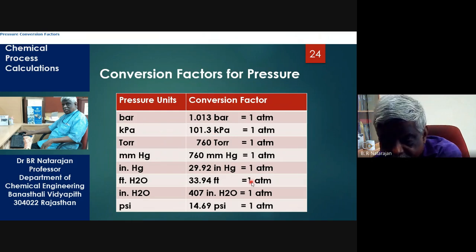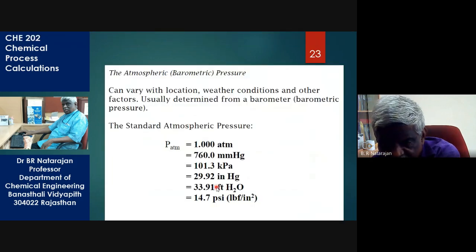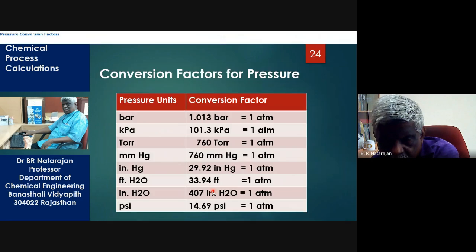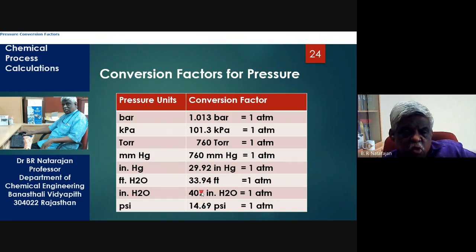Water, 33.94 feet, and converted into inches, 407 inches of water is equivalent to 1 atmosphere pressure. PSI is pound per square inch, 14.69 pounds per square inch is the same as 1 atmosphere.